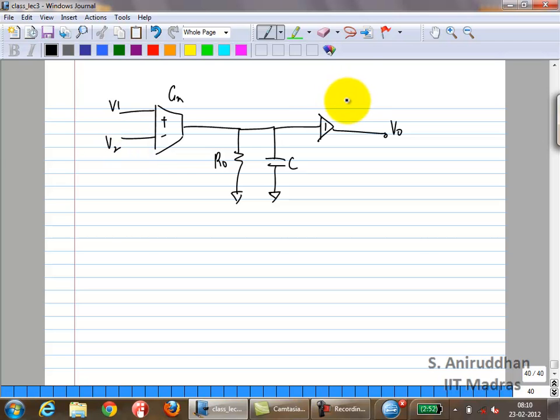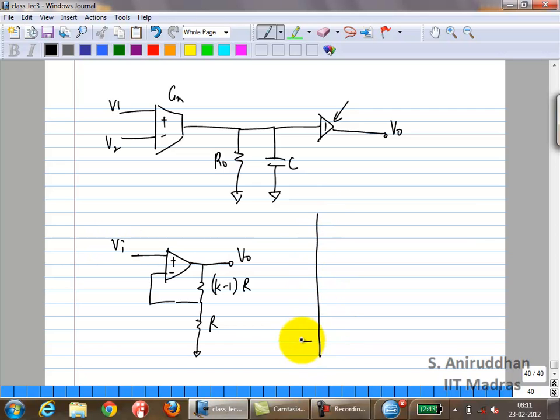Why did we need this buffer? Finite loading, right? For example, if I take this op-amp and put it into something like this, let us say this was your original integrator.